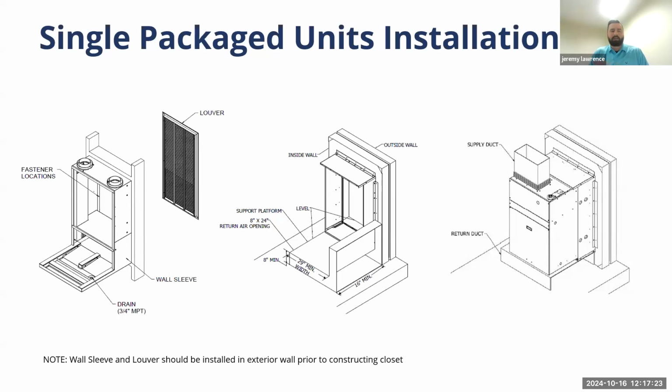Once that's the case, they come with a cardboard block off, so there's no air and wind getting in, and then it's done for that period. Then the interior work can be done: framing, insulation, and drywall. After the drywall is done, then the unit can be pushed into the sleeve and commissioned.